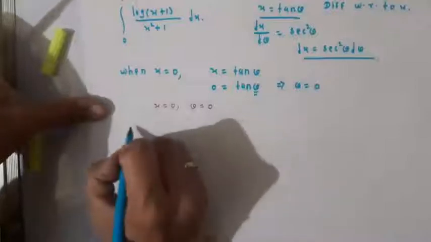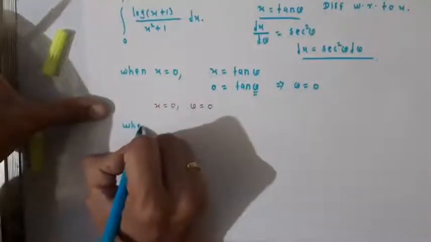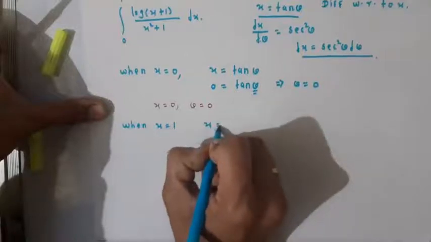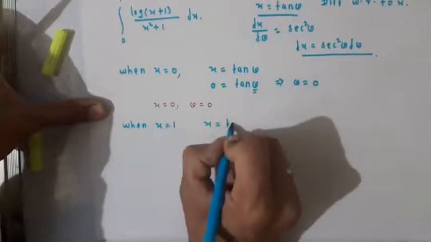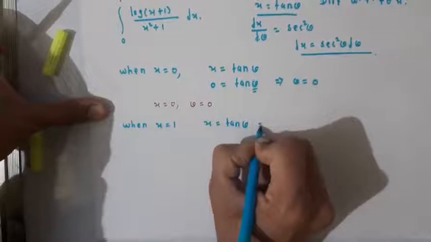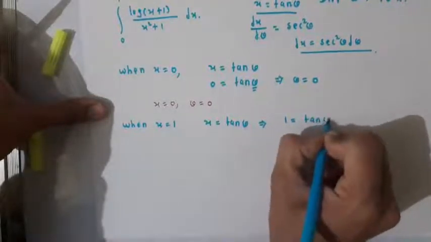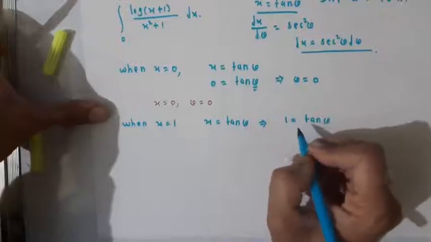Now when x equals 1, x equals tan theta, this implies 1 equals tan theta, and theta equals tan inverse of 1.